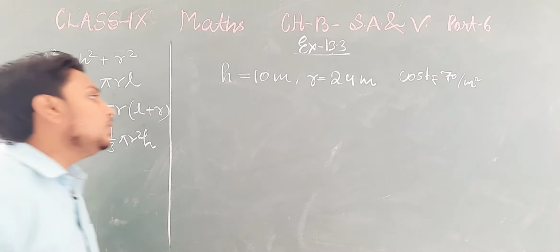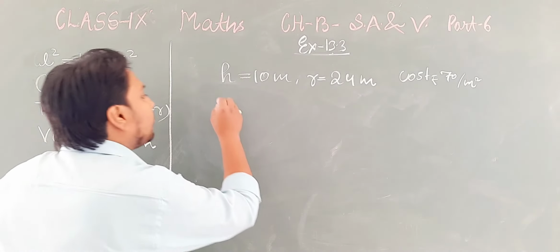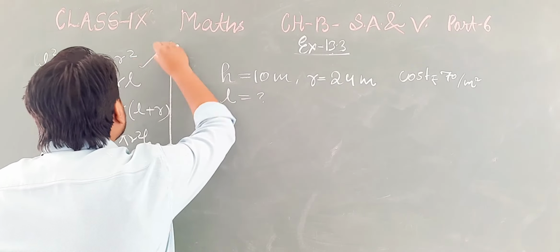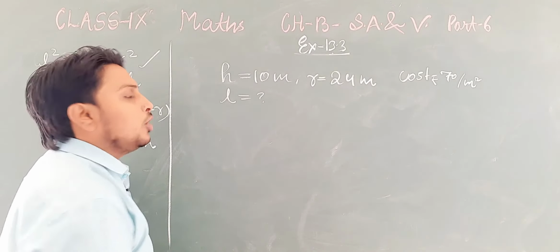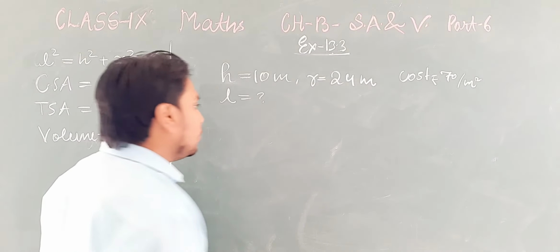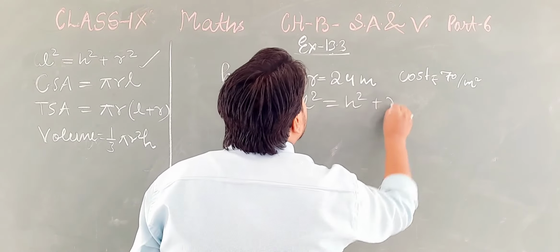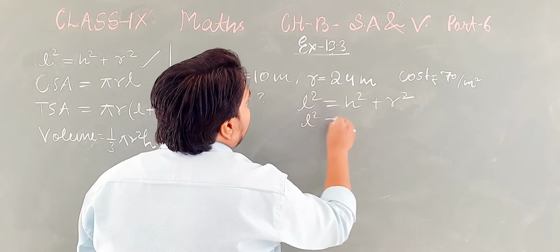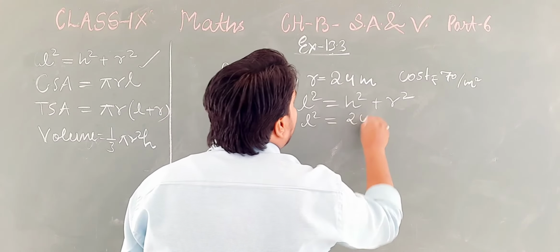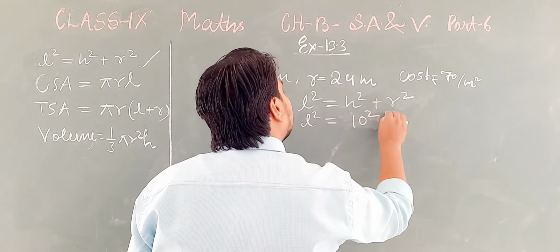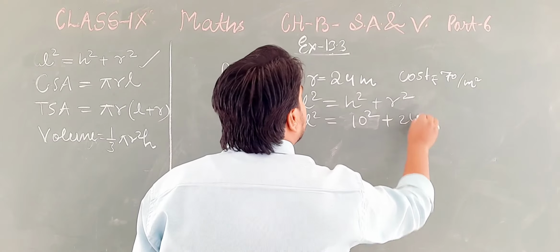So what we will do, students? See, firstly we have to find the slant height. We know the relation between slant height, vertical height and the radius. The relation is L square is equal to h square plus r square. So L square is equal to h square, that is, sorry, h is 10 square plus r square, that is 24 square.